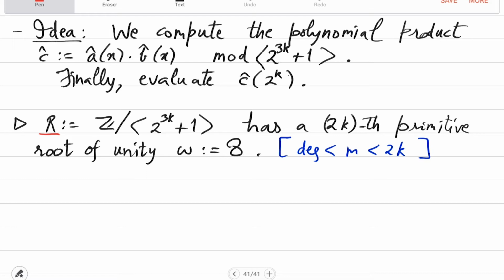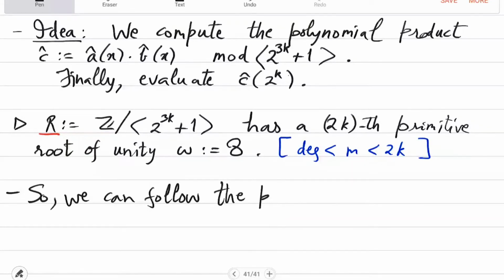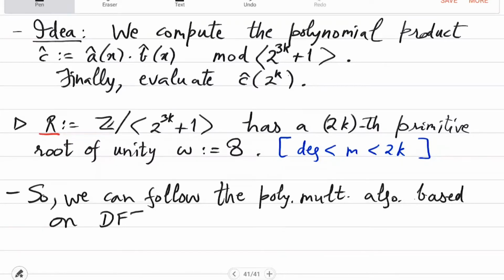Okay, so at this point we can now do the DFT steps. So let's start that. We can follow the polynomial multiplication algorithm based on DFT with respect to omega.